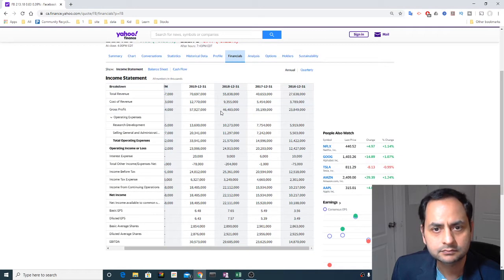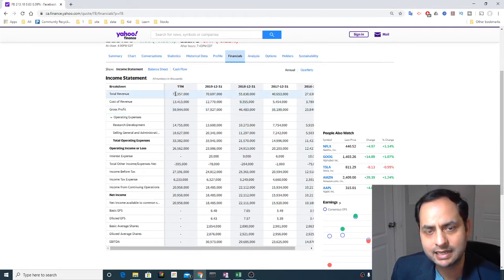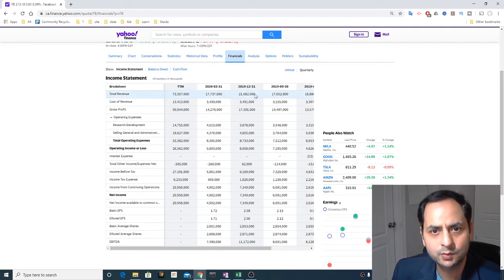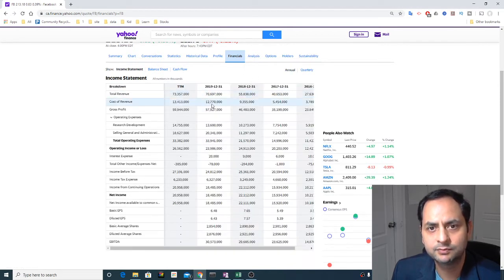So this is December 2019 and so on. And what is this TTM? TTM is the trailing 12 months, which includes the latest quarter and the 12 months behind it. That's why it takes from the 31st of March, the last quarter they published, and the 12 months behind. So the numbers you see here are different from these, because it has 3 months more recent data.